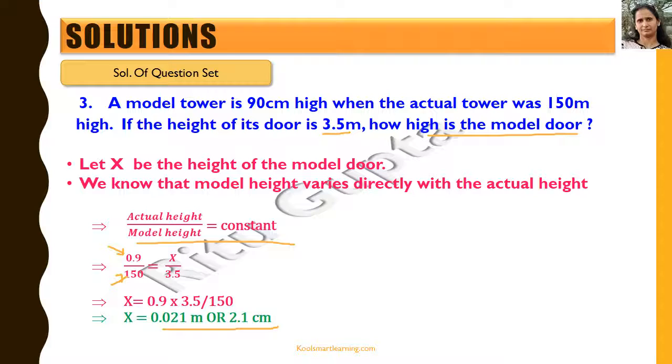Now the idea of taking model height divided by actual height is constant, instead of taking actual height by model height, is just that we wanted to keep x in the numerator. Otherwise we could have done the other way around also, which would also have resulted in the same thing.